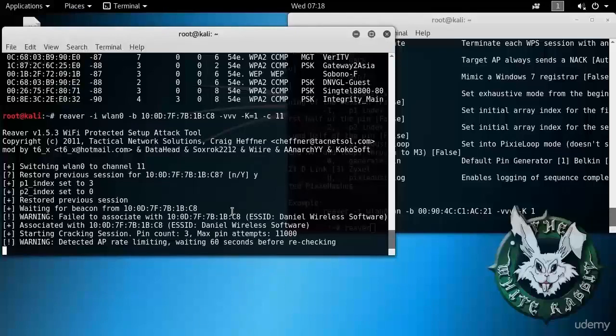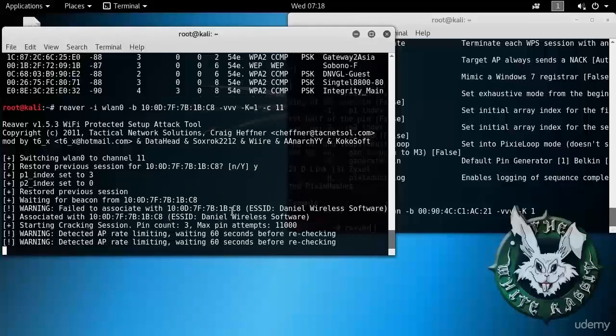So this can be a bit annoying, but it just slows down the attack. Since the maximum possible number of different valid pins is only 11,000, at least that we need to check. So eventually we should still be able to retrieve the pin. But this is more than 60 seconds, so we may have run into another AP protection mechanism where the AP will actually disable WPS rather than just wait.